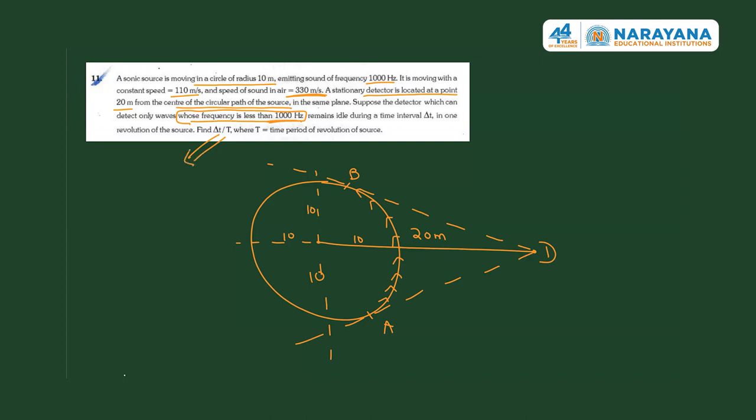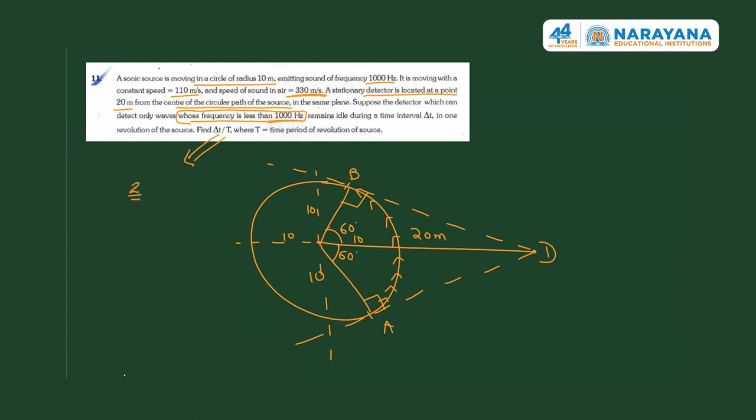So what are these angles? They are 90, 90 here. That distance was 20 and this was 10, so 30. This will come out as 60, 60. So this is 120 and then becomes 240. So basically it is 2/3 of the time period.